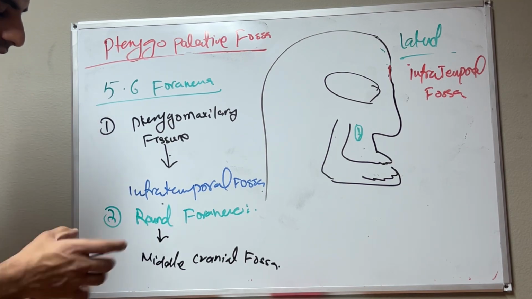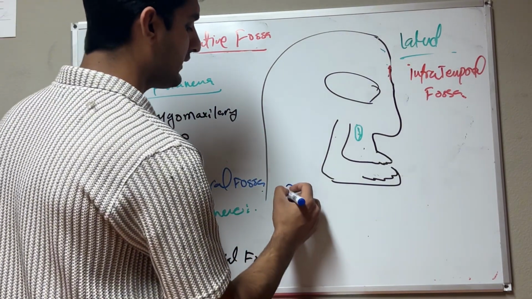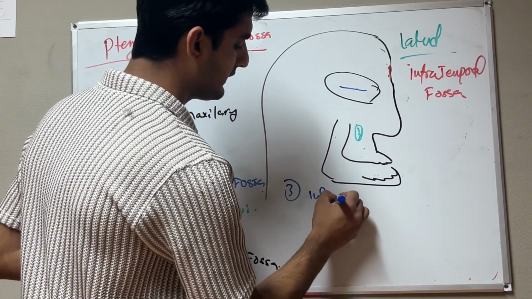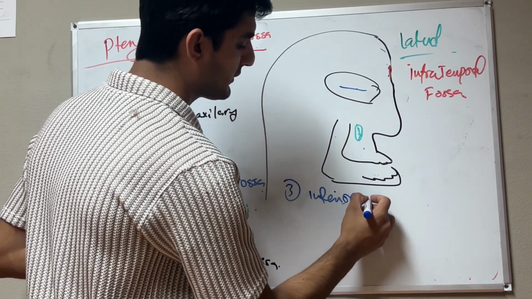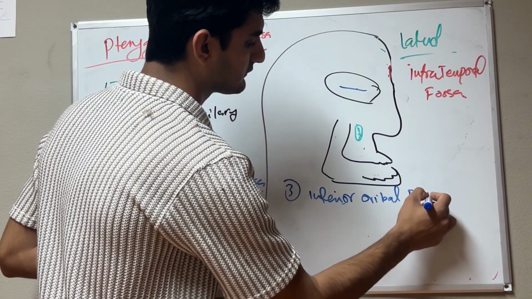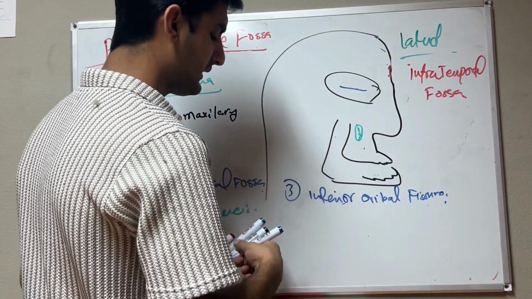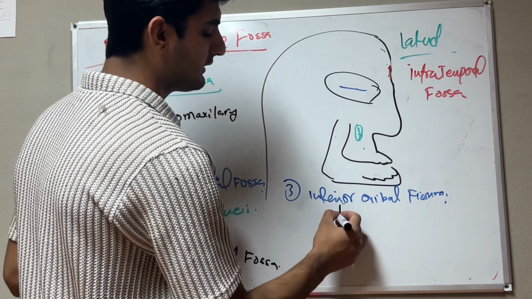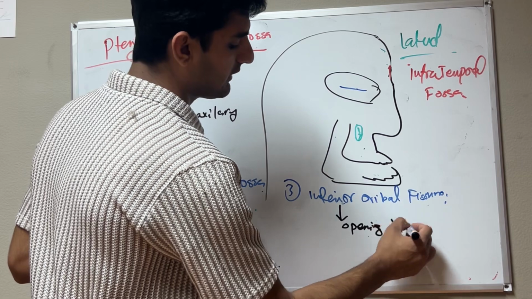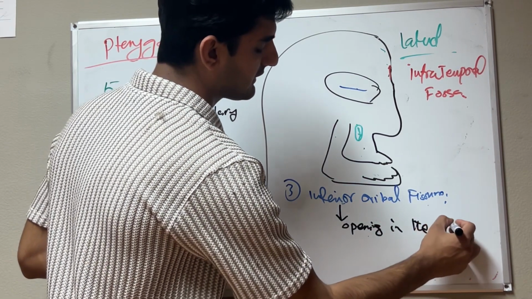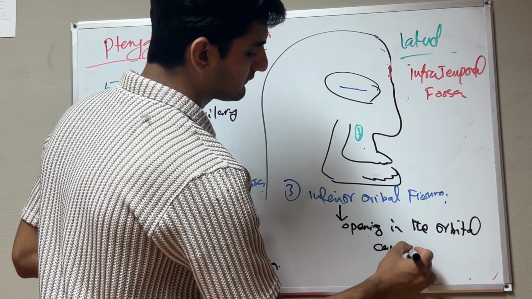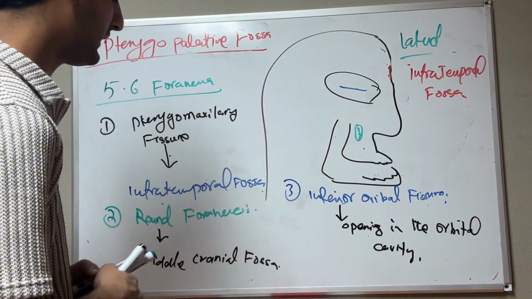Okay, then third we have the inferior orbital fissure, which is located in the orbital cavity. The inferior orbital fissure opens into the orbital cavity. This is the third foramen.